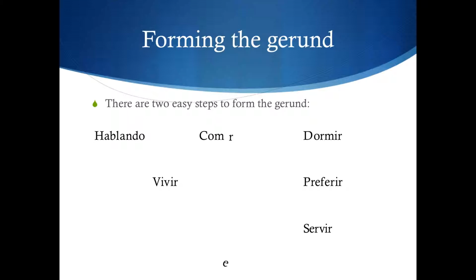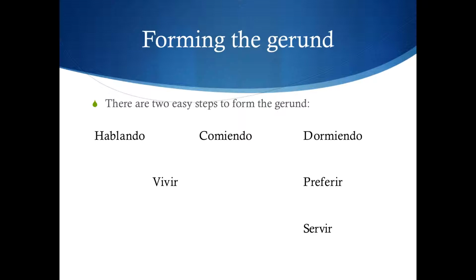Let's take comer. We take off the ending. Since it's ER, we put yendo. Let's take the ending off of dormir. And since it's an IR verb, we're going to put yendo.